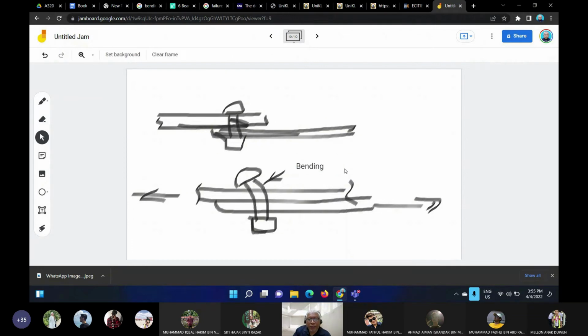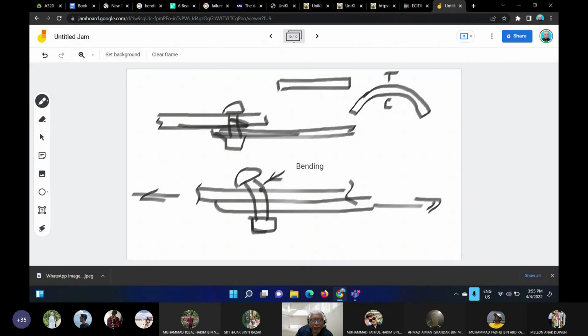Once you have something bending, if you refer back to what we have learned, this is a plate, this is a cylinder, and you bend them, so the top one will be under tension, this one under compression.